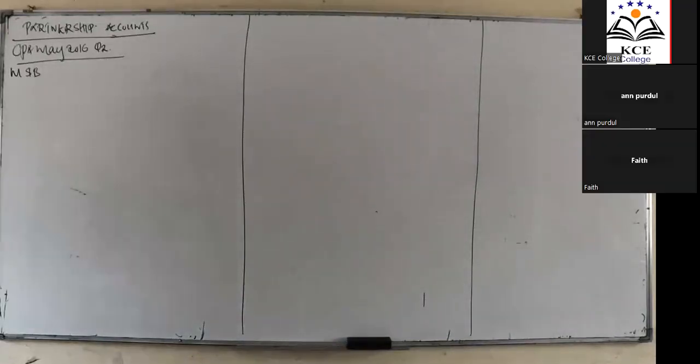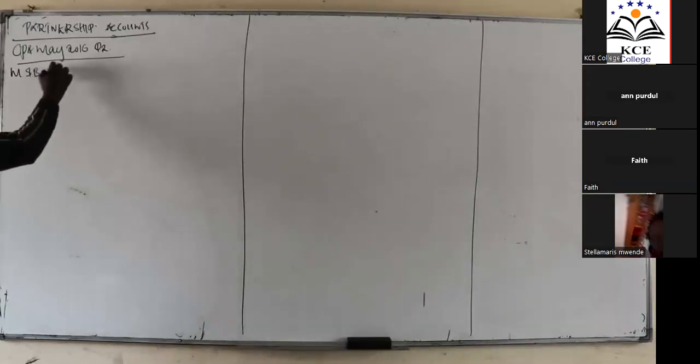So we're going to write here M and B. If they have not given you the name, you write the partners. M and B partnership.